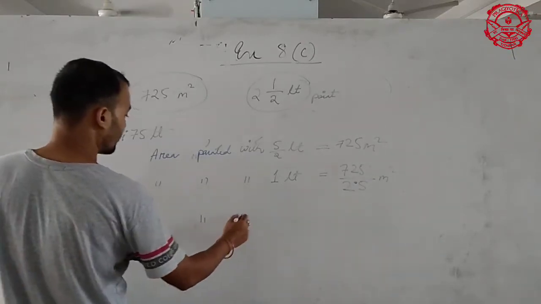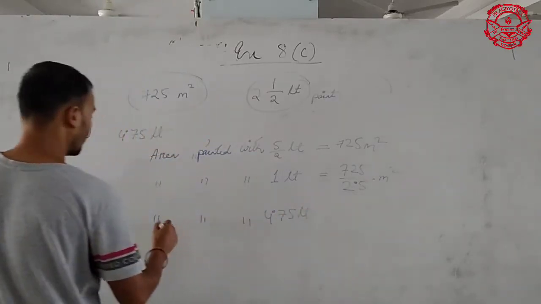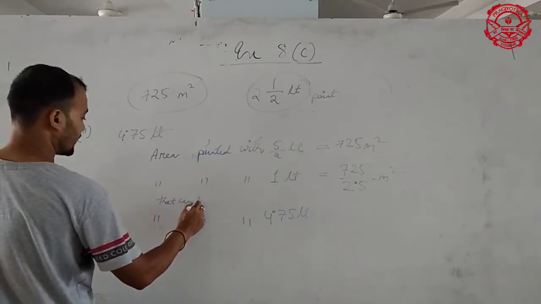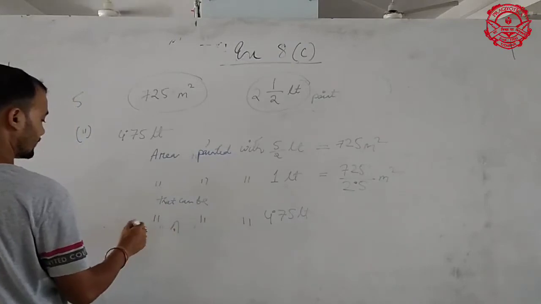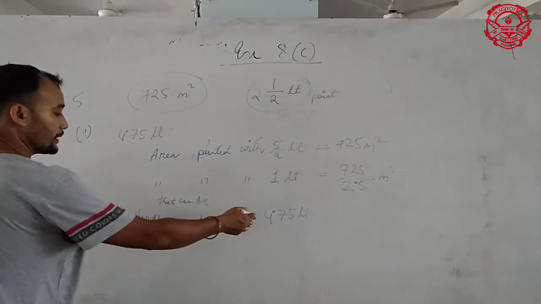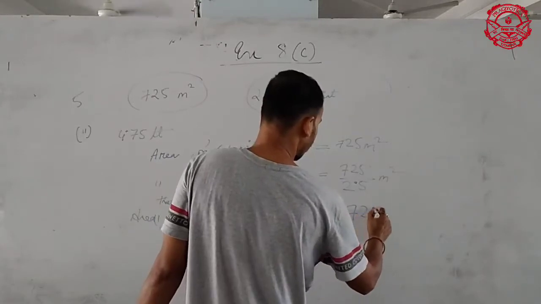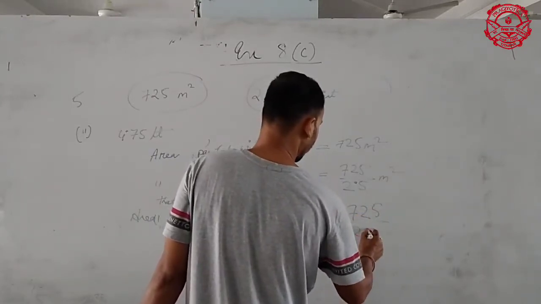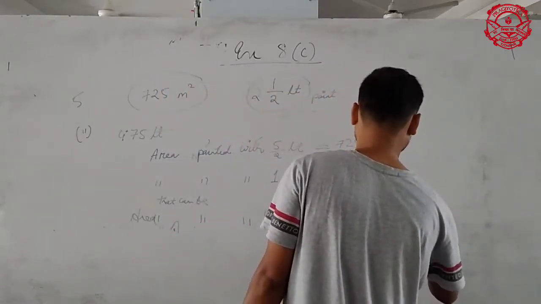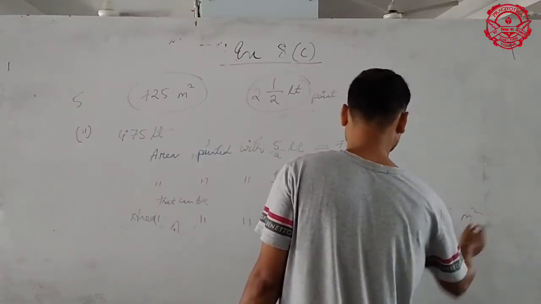Now, therefore, area painted with 4.75 liter. Area that can be painted here. This is the area that can be painted with 4.75 liters equal to, simply multiply this, 725 divided by 2.5 into 4.75 meters square.